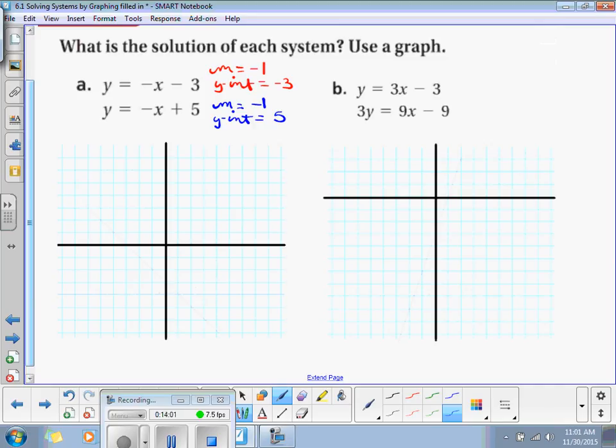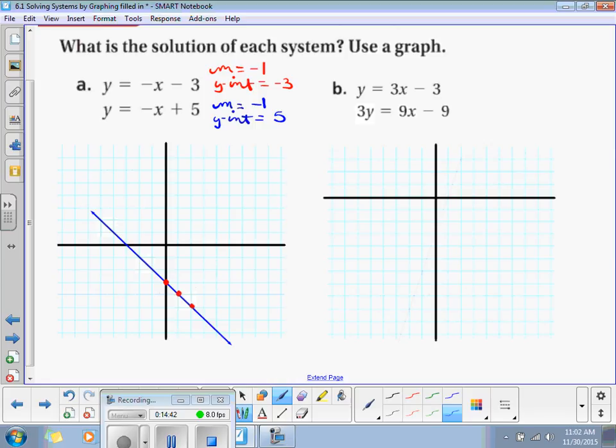Okay? So, we're going to start for the first one at -3. -3 is right here. And the slope is -1. So we're going to go down 1 to the right 1. Down 1 to the right 1. Okay? And there is the graph of your equation. The second equation, the y-intercept is 5.